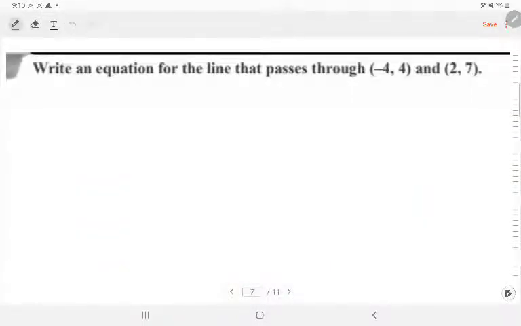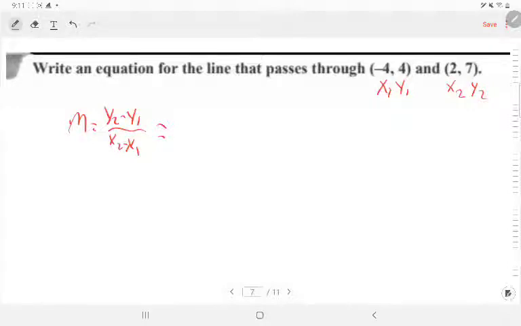All right, so let's try one. It says write an equation for the line that passes through negative 4, 4 and 2, 7. So again, we could say this is x1, y1, x2, y2. The first thing we need to do is find the slope, which is y2 minus y1 over x2 minus x1, or simply just the change of y's over the change of x.